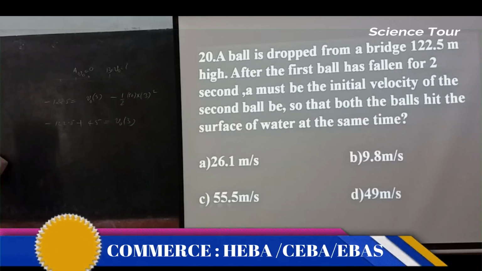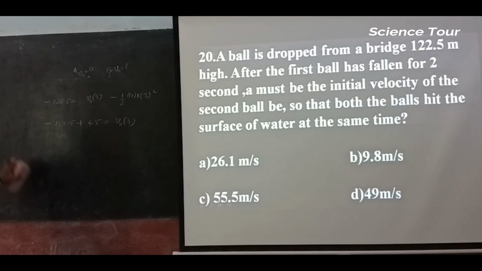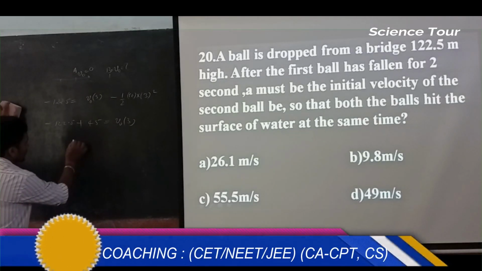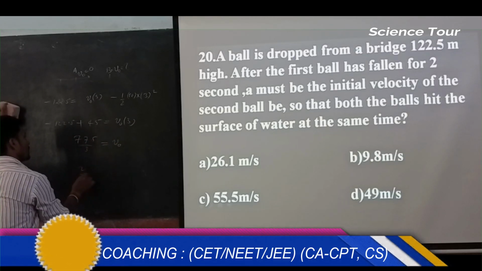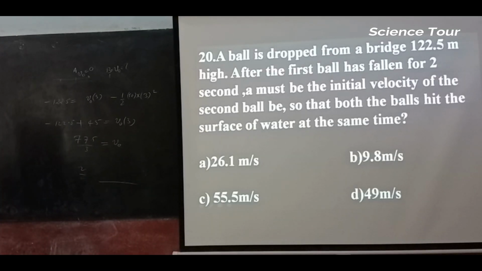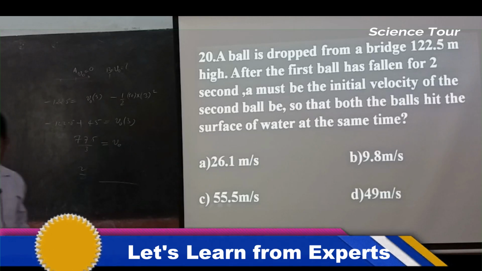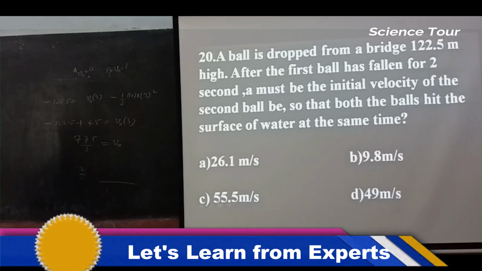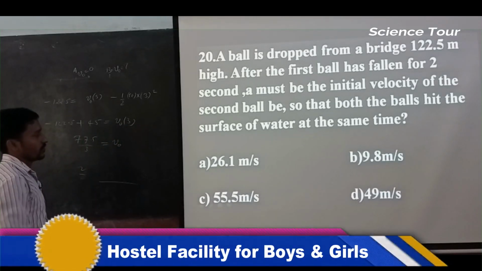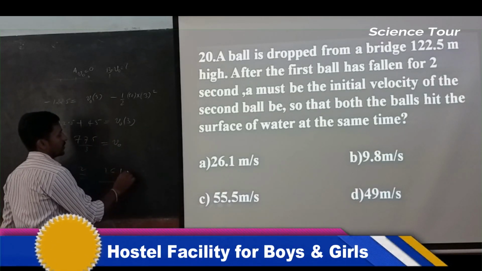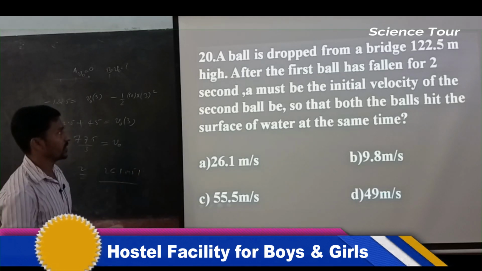Now 122.5 minus 45 is 77.5, and 77.5 divided by 3 is equal to v naught, which is nearly 26.1. We are supposed to take 9.8 because 10 is not given, and here you are going to get 26.1 meter per second.